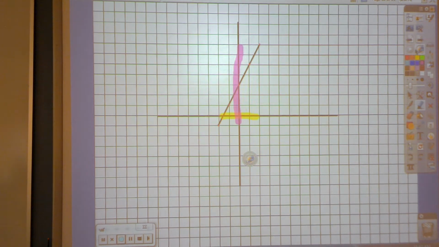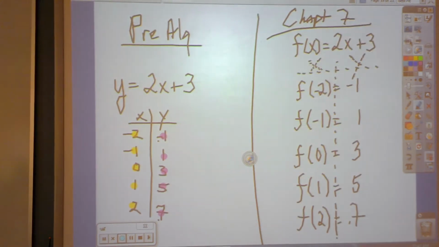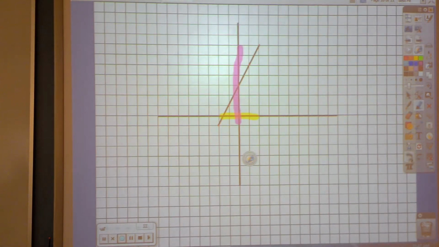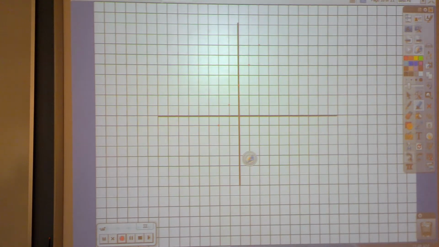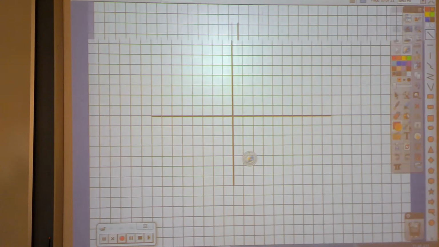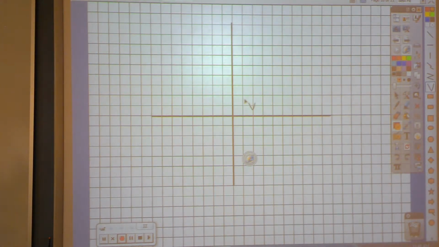All right, so let's do something different. Oops. Okay, why didn't it? There. All right, you got your graph here. Y'all ready for this? Let's see if I can do this.